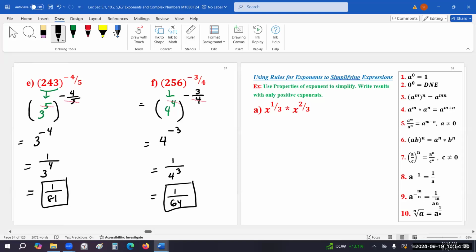And now how do we multiply something with fraction power? So what does the exponent rule say? In multiplication, what do we do with the powers? We add them. So we keep our base x once, and we add 1/3 plus 2/3.